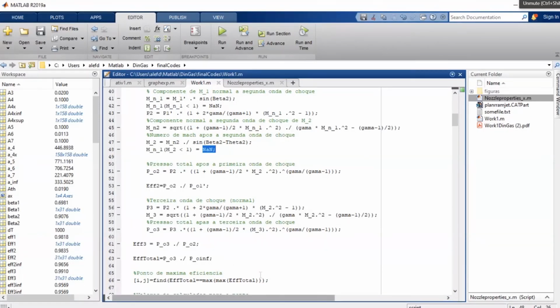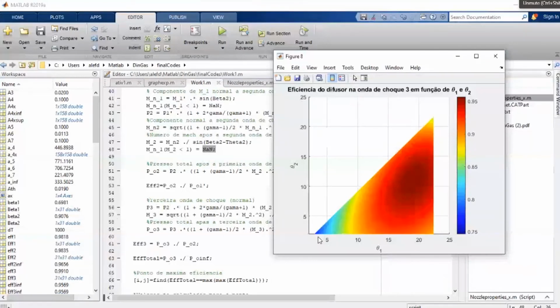So I did it again, and after the third shockwave, we should have the flow we expected. So these NaN values are what is limiting my plot as a function of theta and beta, and they are related to angles that don't generate all the shockwaves.